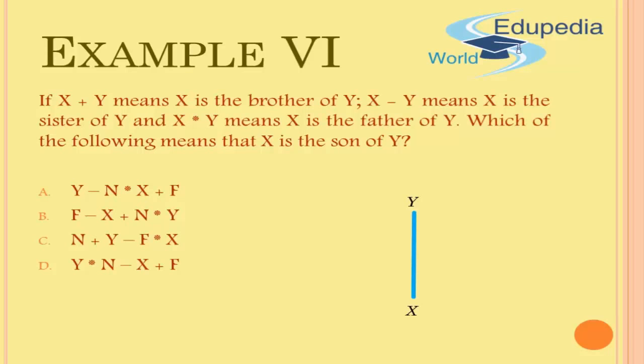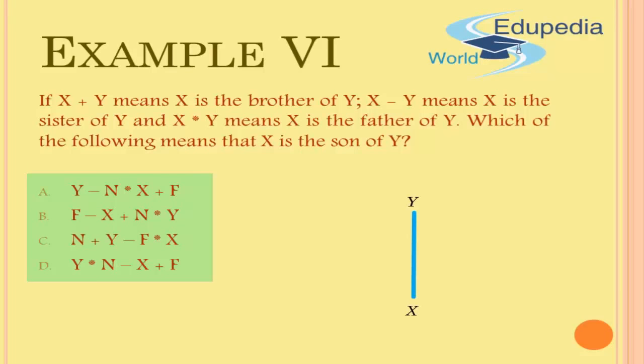Now let us evaluate all the four options and check in which option x is one generation below y. So option A, y minus n asterisk x plus f. So y minus n means y is the sister of n. So y and n are in the same generation. N asterisk x means n is the father of x.